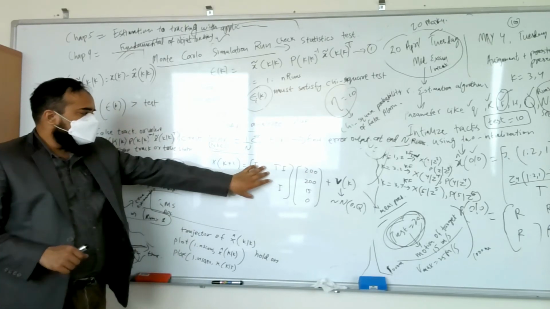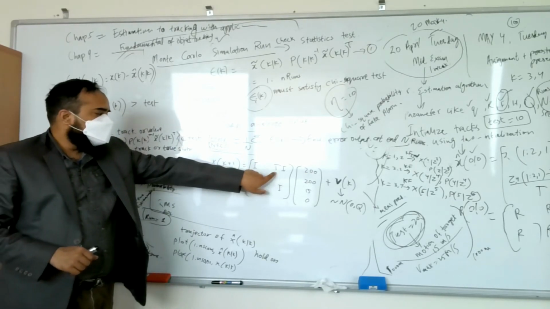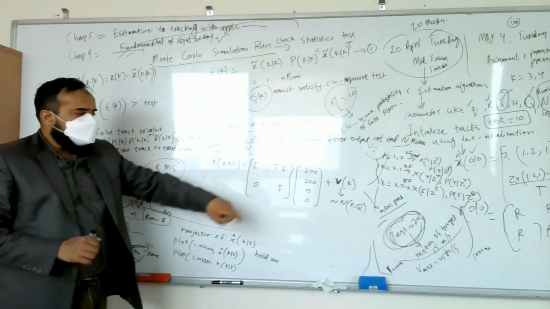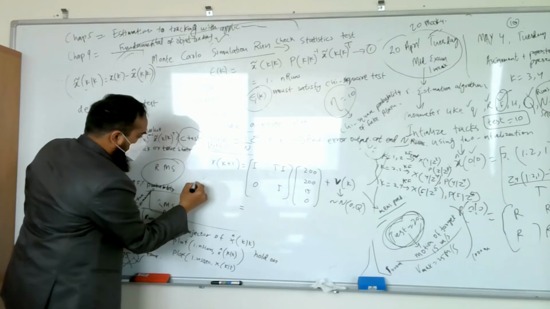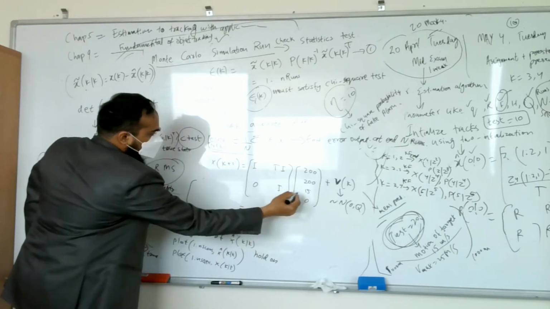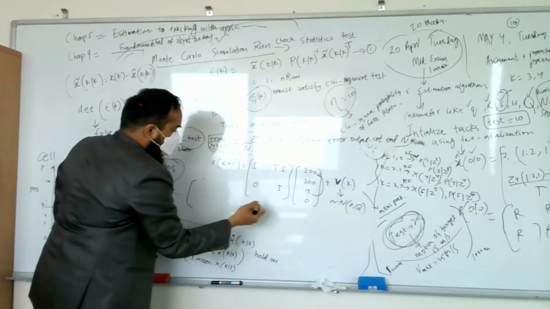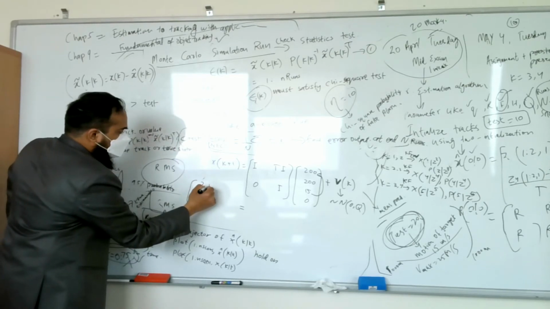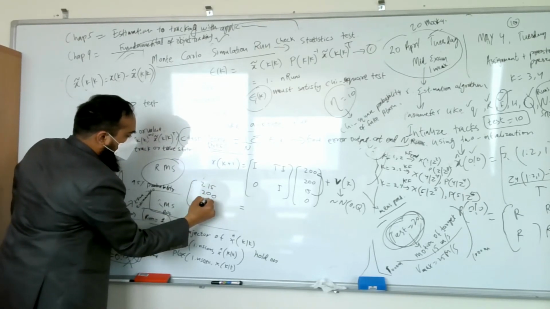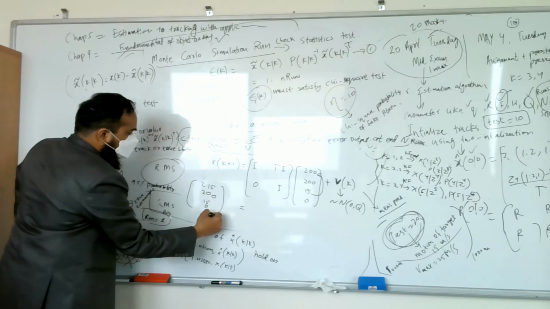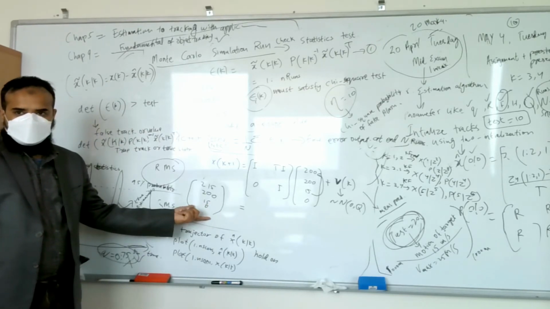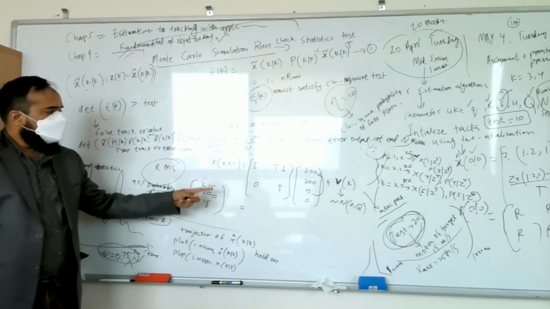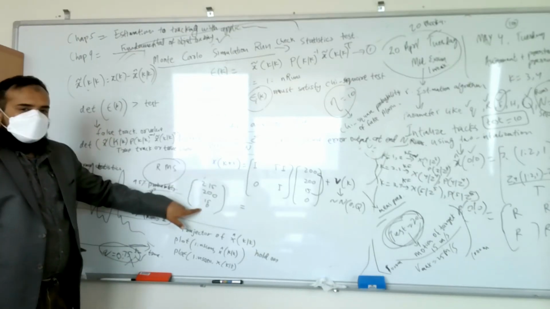This is simply an identity matrix with the sampling time. So this will give you 215. The output of this equation is this one.